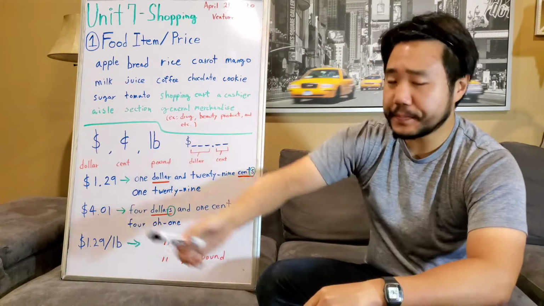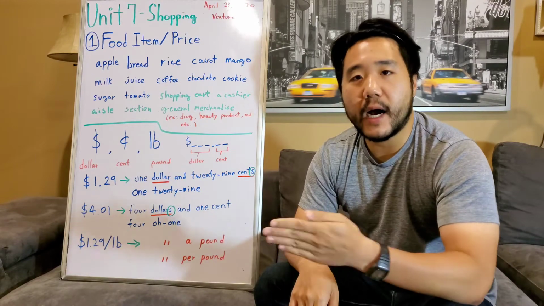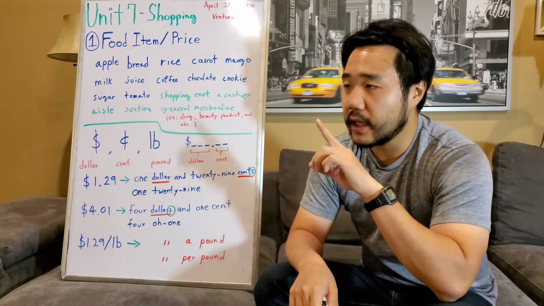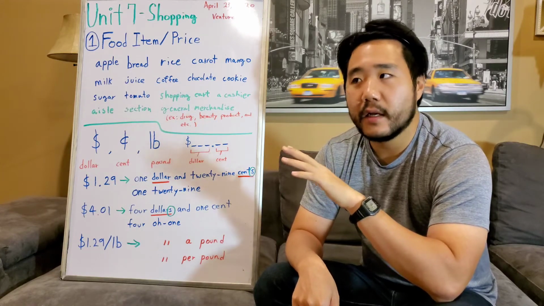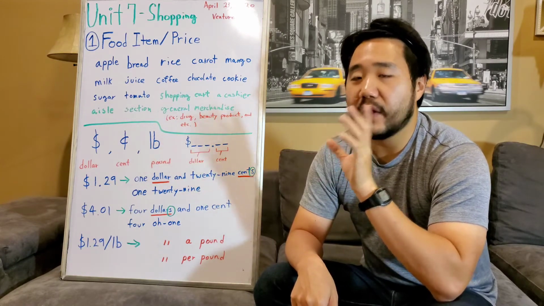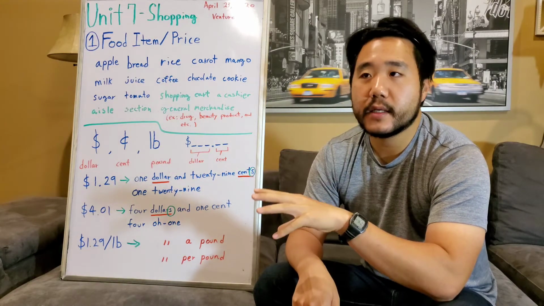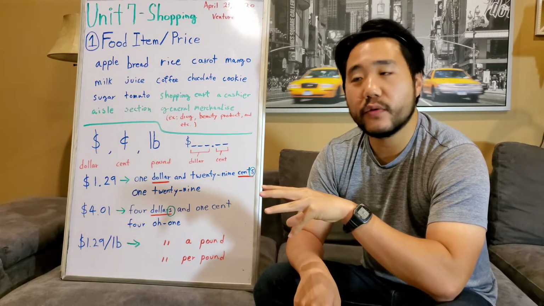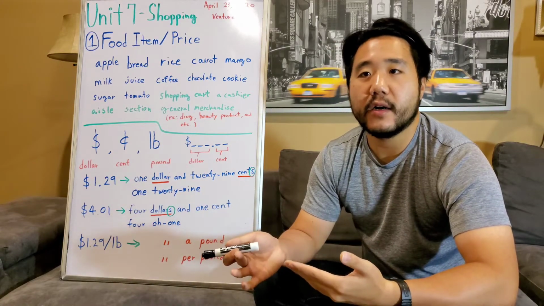We have aisles. If you go to a grocery store, there are always aisles, and there are signs saying that in aisle number 7 there are flowers, or sugars, chips, drinks, or frozen food, and that's how we're able to find what we're looking for.